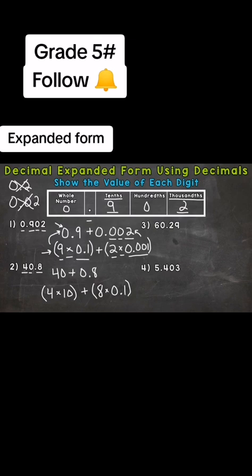On to number 3, where we have 60 and 29 hundredths. So we start with the 6, which has a value of 60, plus we have a 0 in the ones, so we can move to the tenths, and that 2 has a value of 2 tenths, plus the 9 in the hundredths, which has a value of 9 hundredths.